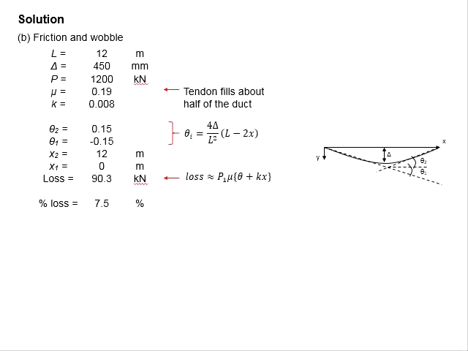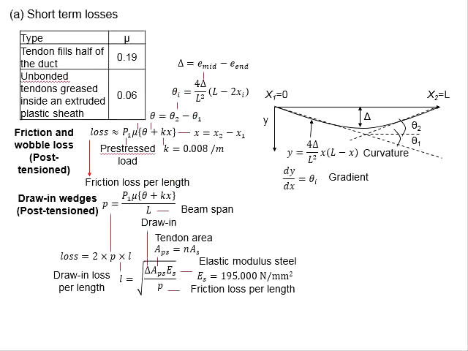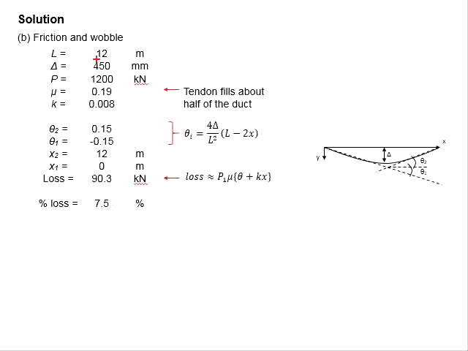Next, we calculate the friction and wobble. The equation used is this. The effective span is 12 meters. The data here refers to the difference between the maximum eccentricity and the minimum eccentricity at the midspan and at the support, which is equal to 450 mm.